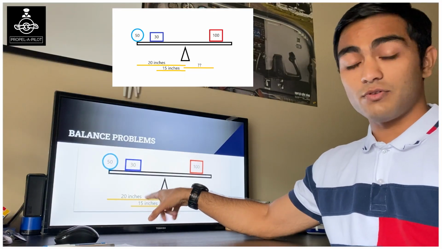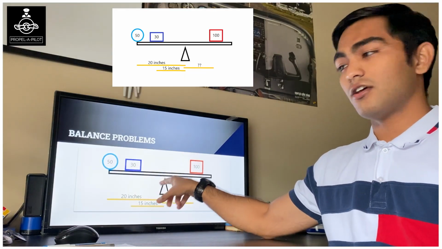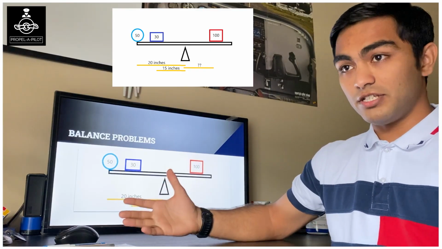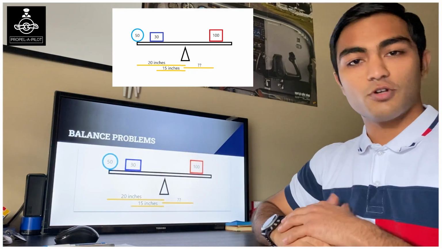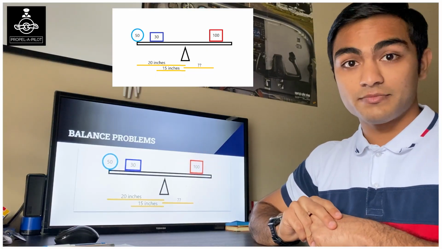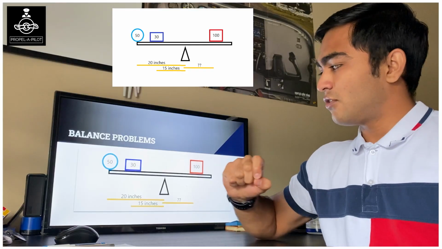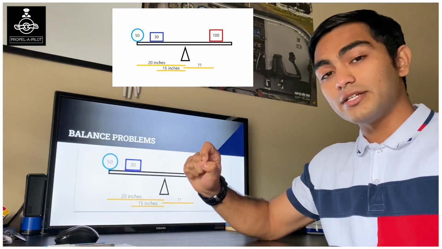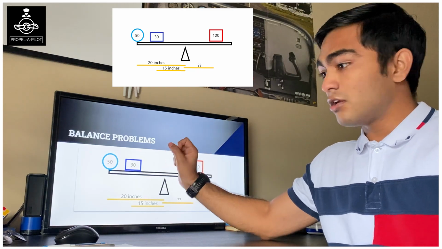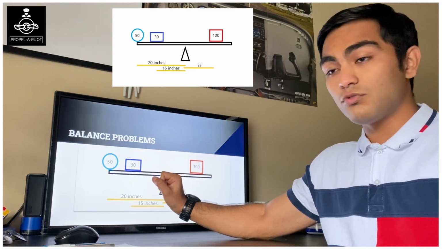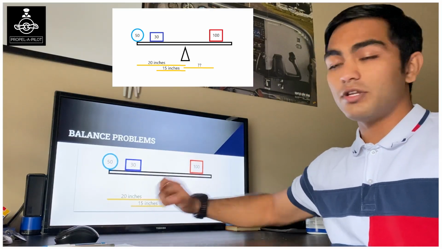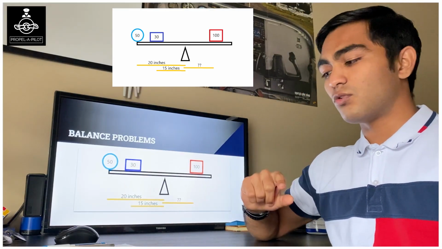In the previous example, we saw that when the CG was at the fulcrum, the moment was 0, hence the whole system was balanced. Let's try to find out the CG of the whole system. Now, how do we do that? We need to calculate the moments of each of the weights. To get the moments, we will have to get weight times arm for each of them. So let's get our equation.